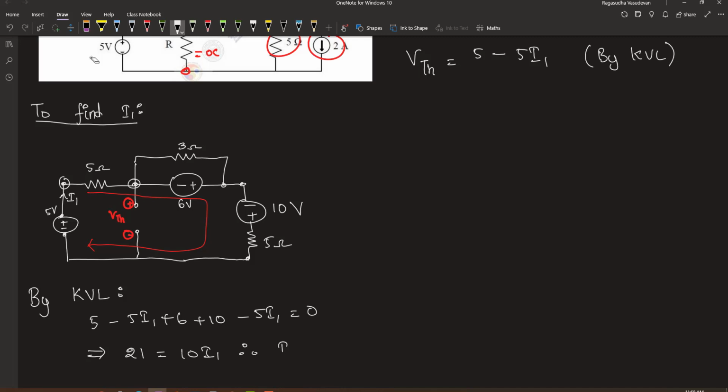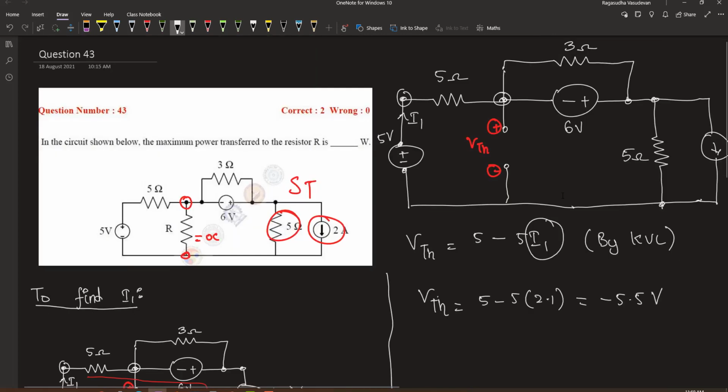Therefore, I1 is equal to 2.1 ampere. Let's substitute the value of I1 and find VTH. VTH is equal to 5 minus 5 into 2.1, which is equal to minus 5.5 volt. The Thevenin equivalent voltage is equal to minus 5.5 volt.